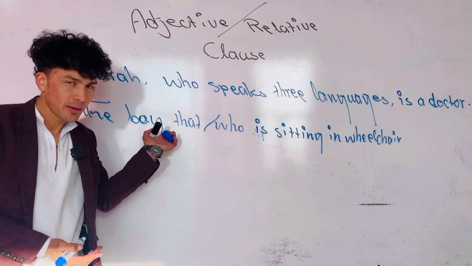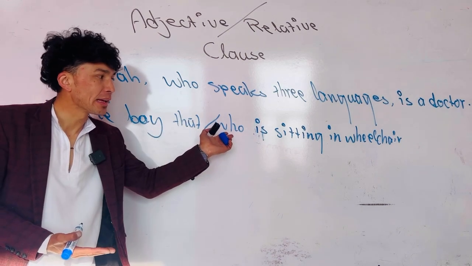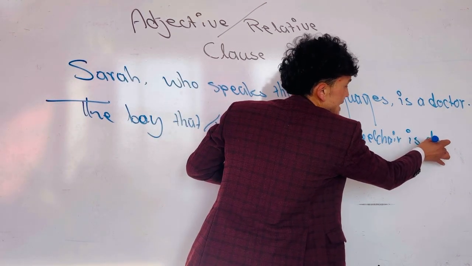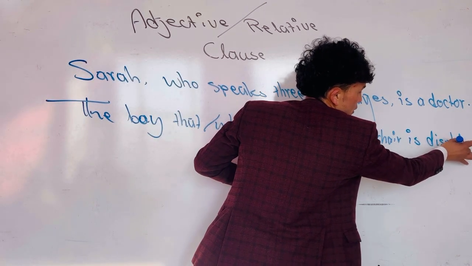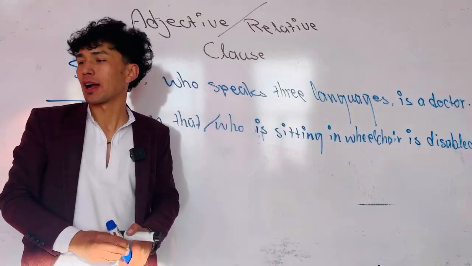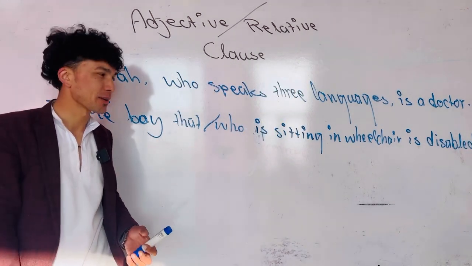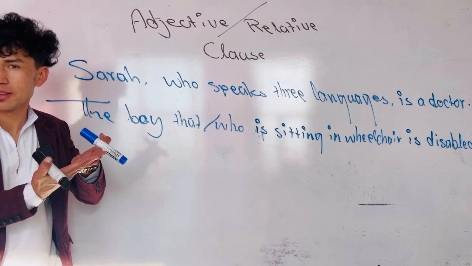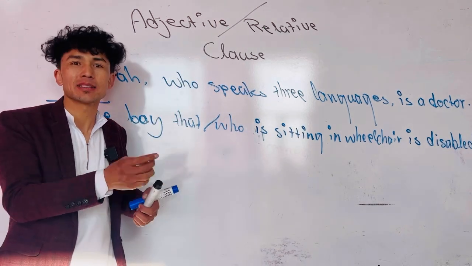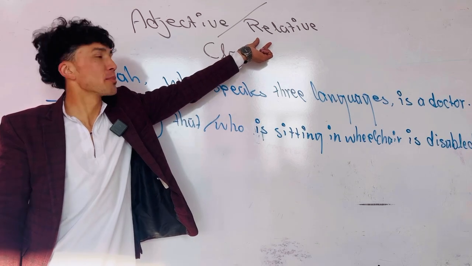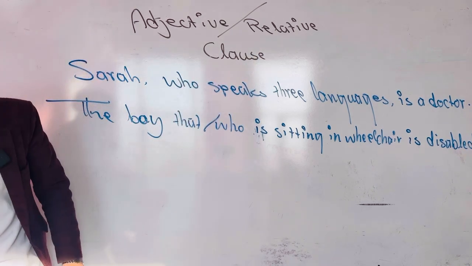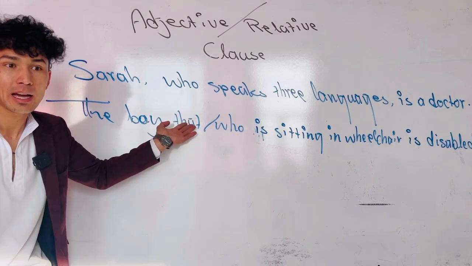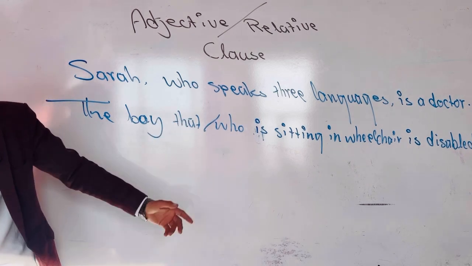Okay, the boy, which boy, that or who is sitting in a wheelchair is disabled. Do you know disabled? Yes. Okay, disabled. Which part do you think is adjective class? Who or that? Adjective class or relative class? Why is it called relative class? Because it starts with what? Relative pronoun. What is a relative pronoun? That, who. Do you understand? Well, good.